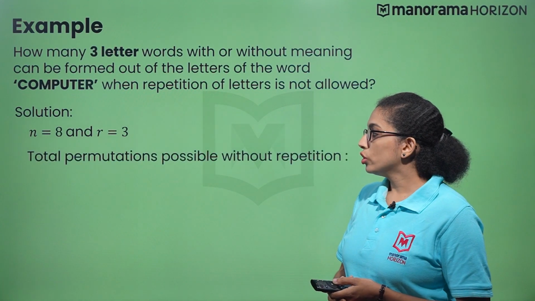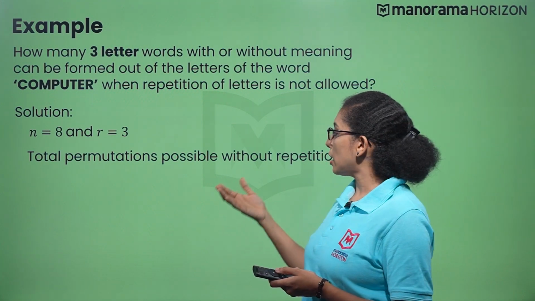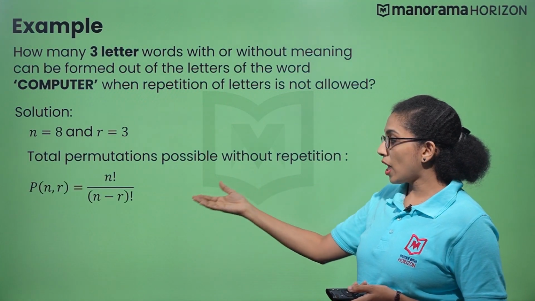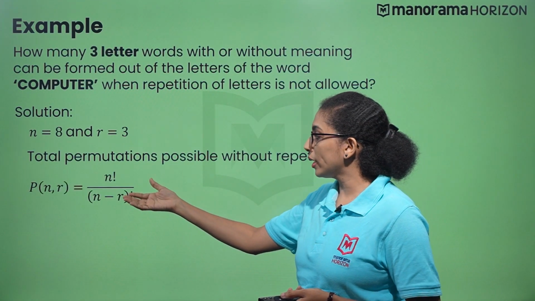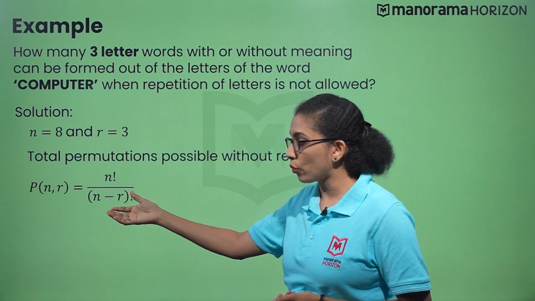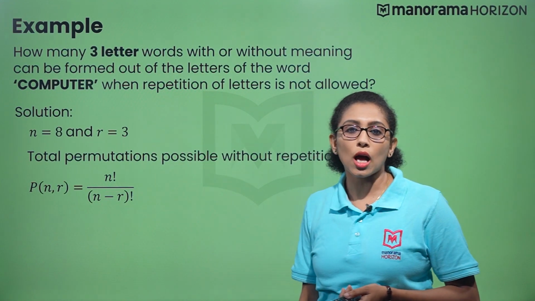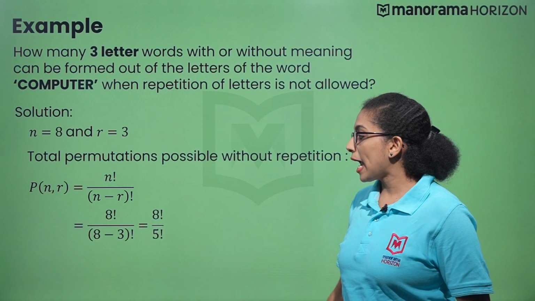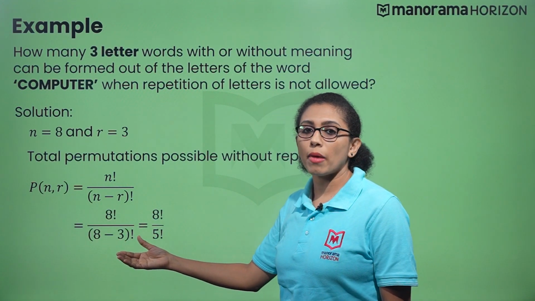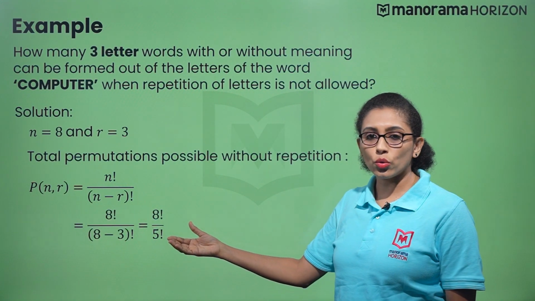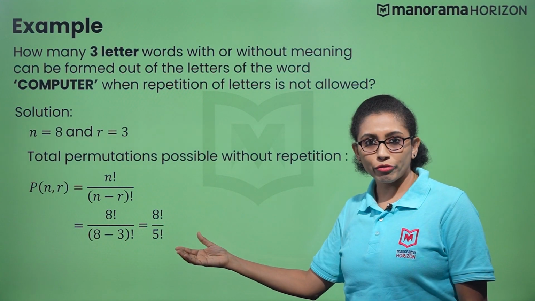The total permutations possible, P(n,r), is given by substituting the n and r values in n!/(n-r)!. We get 8!/(8-3)!, which is equal to 8!/5!.